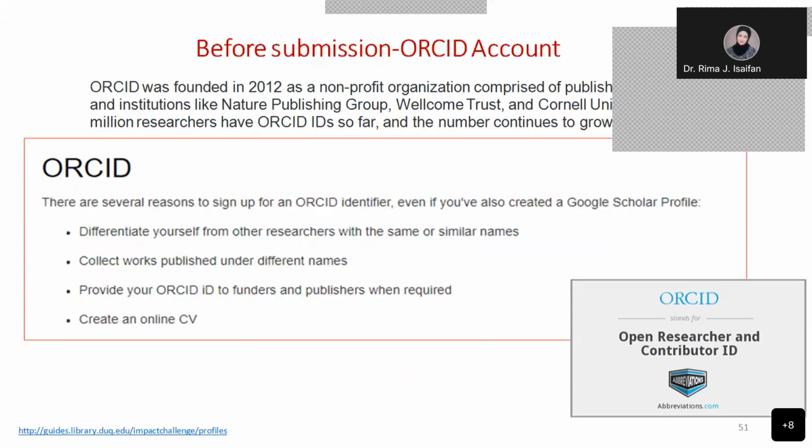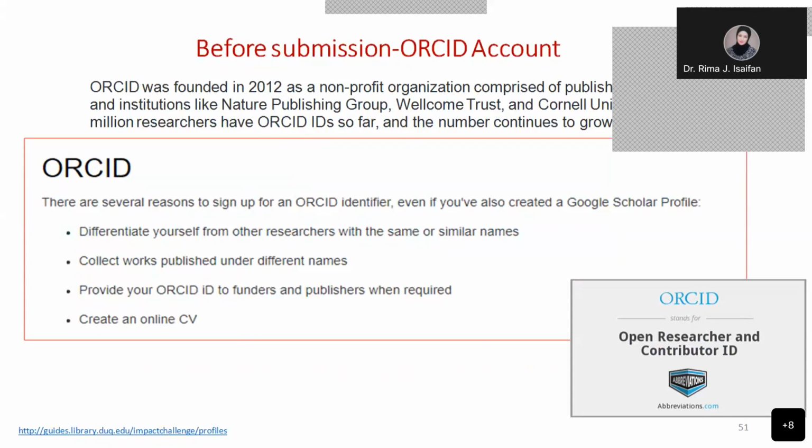The other thing is that for ORCID to be created, it's always preferred that you use your very similar or very repeated name of yours. I always give an example of how we would like our name to be displayed. Maybe for my name, I can choose to have it Rima Jamal Seifan.